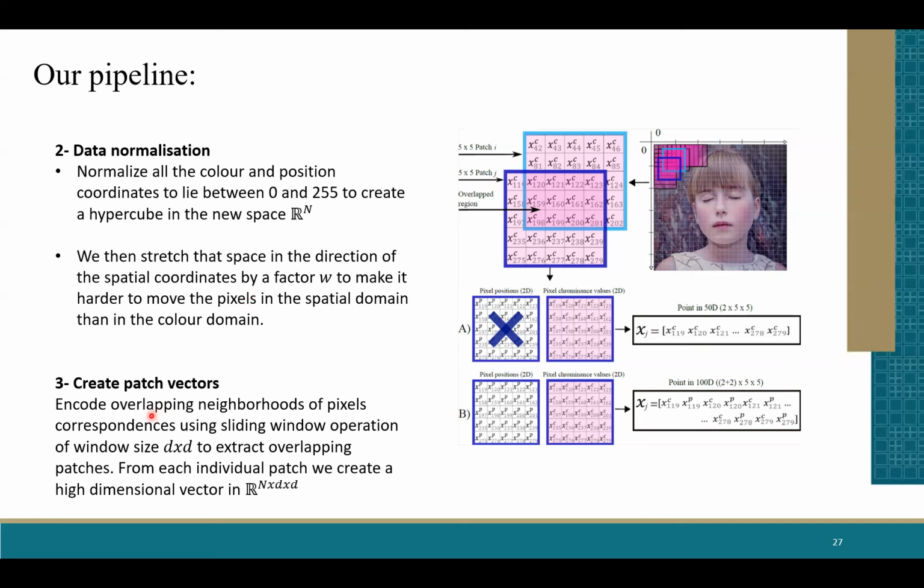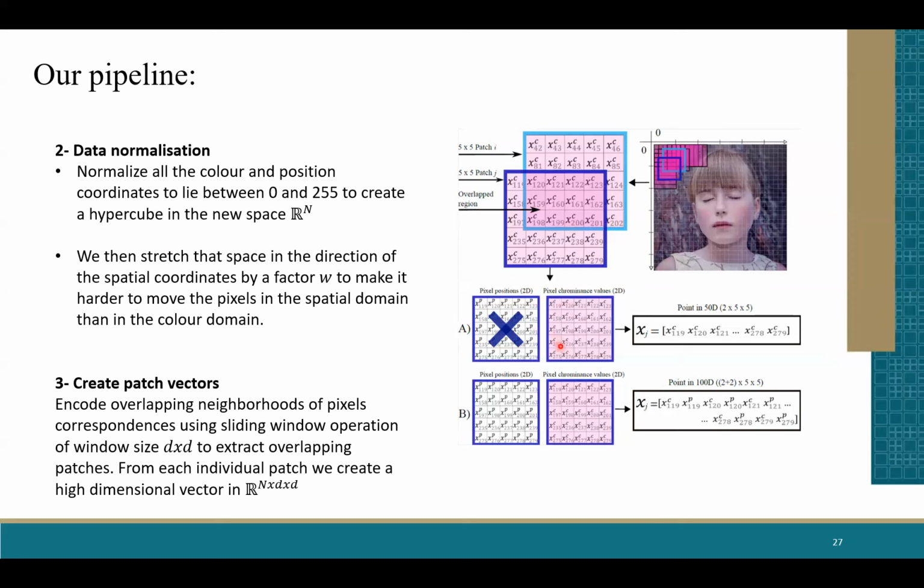Next step, we create the patch vectors. We encode overlapping neighborhoods of pixels to preserve the local topology information. Starting from the origin of the coordinate system of the image, the upper left corner, we use a sliding window operation of window size d by d, which was 5 by 5 in our experiment, to extract the overlapping patches.